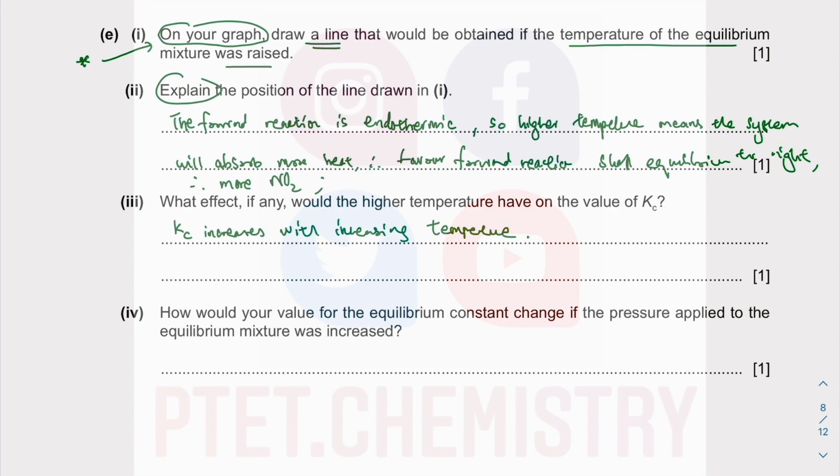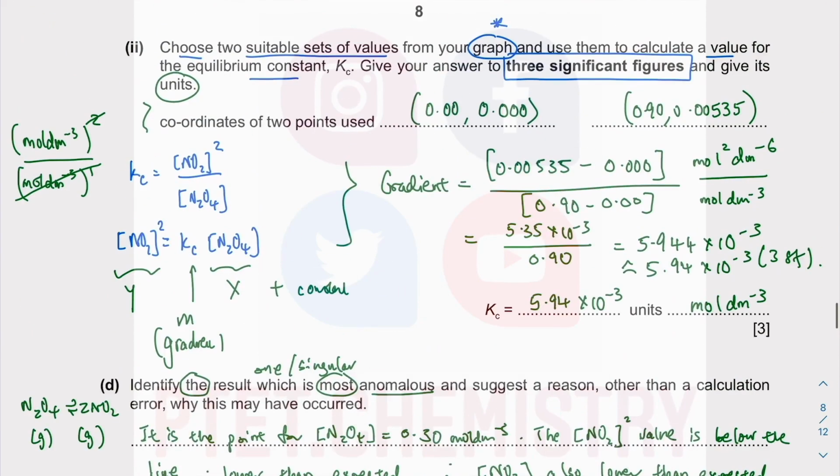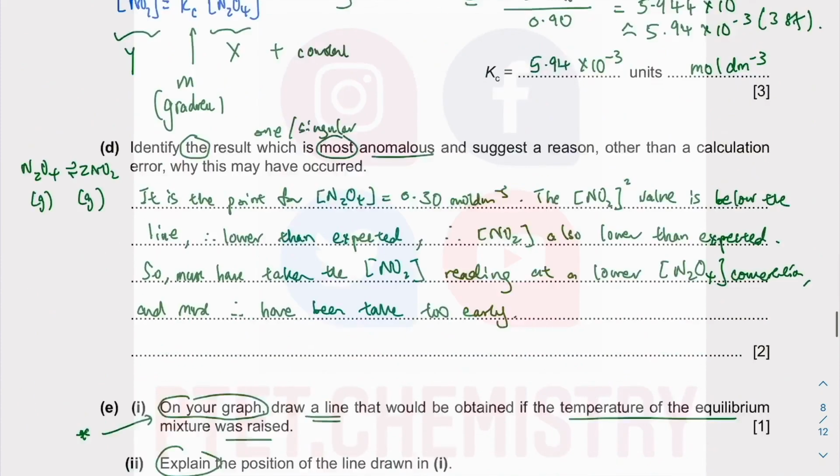Favor forward reaction, it will shift equilibrium to the right, and therefore your Kc can change with temperature, so your Kc will increase with temperature for this particular reaction. That's why we drew the line with a more positive gradient, because the gradient represents Kc based on this relationship that was given in this Kc expression.